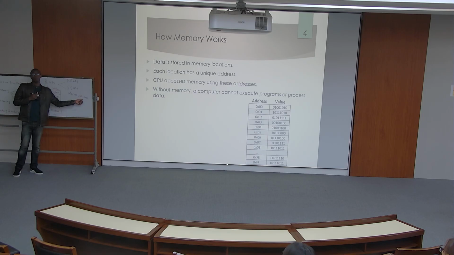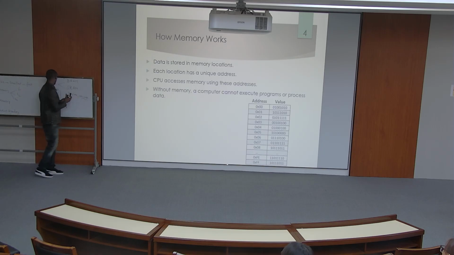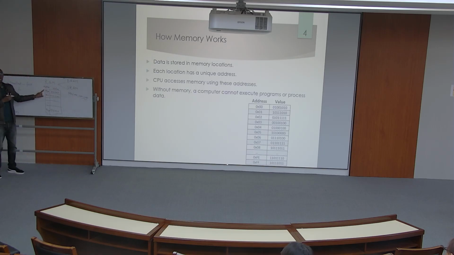This is a binary number, this is a hexadecimal number, this is an octal number. In which number system do we have this? You have this 0x to indicate hexadecimal. So we have our memory addresses, which are expressed in hexadecimal.